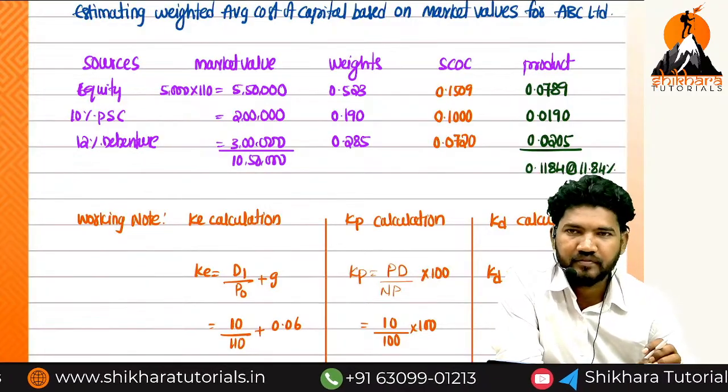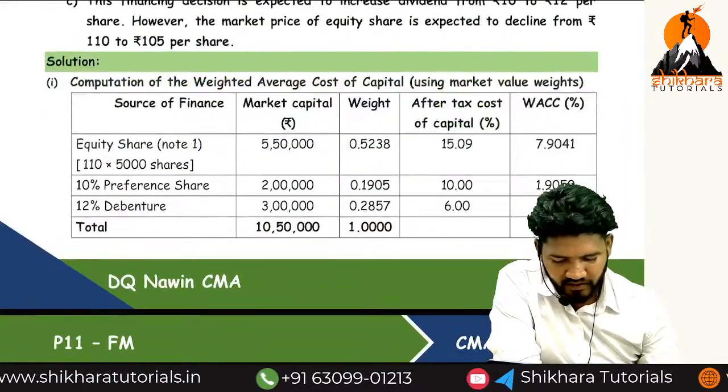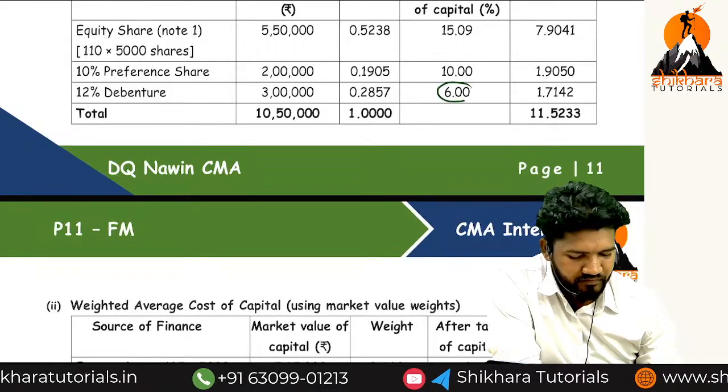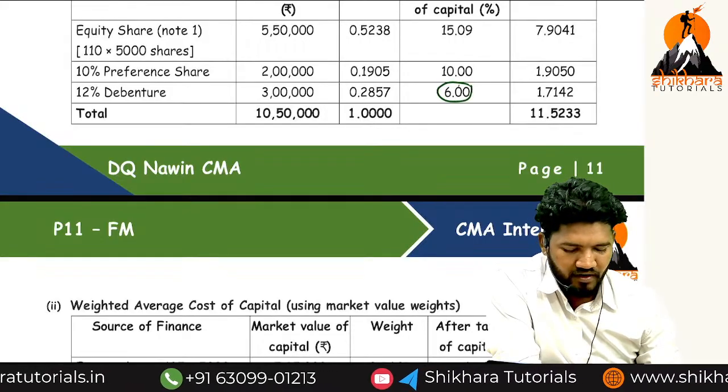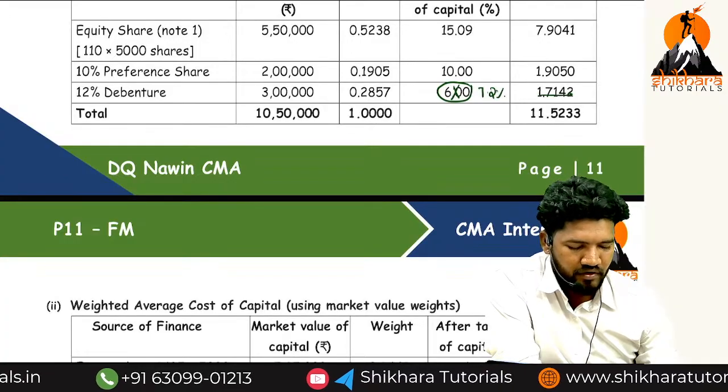Completed case 1. I think there is an error in the material. Debentures wrongly taken. 6 is the wrong answer, it should be 7.2%. Now this value also changes, I think.